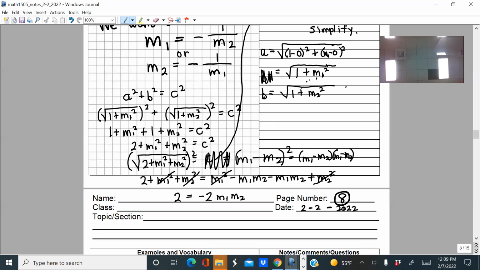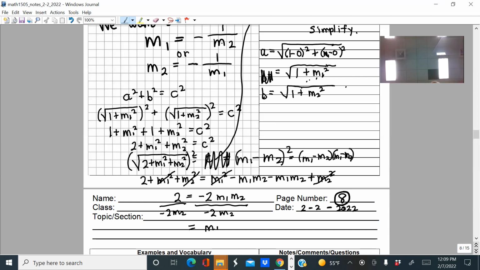Let's solve this equation for M1. So how can you solve for M1? What can you divide out here on the right-hand side? Minus 2 and 2. So let's see what happens.